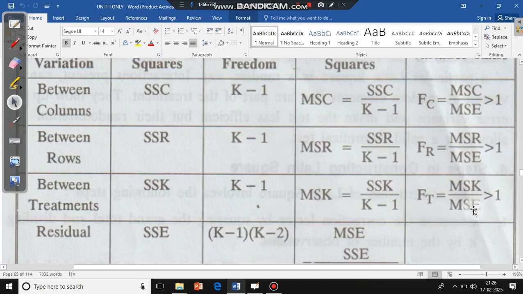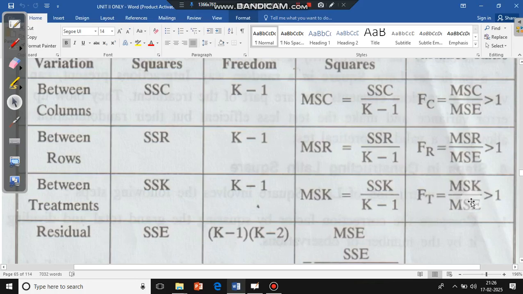For the treatment also, if MSK is greater than MSE, we write like this. Then we have to see the F table such that the numerator is k minus 1 and on the denominator side we have to take k minus 1, k minus 2. That way we have to take the table value of FT.